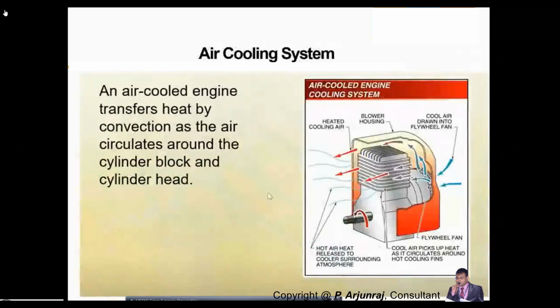Let us see the air-cooled engine in a much more detailed manner. This type of configuration you would have seen in two-wheeler applications. This is the housing. You have the flywheel fan. You have the shaft.